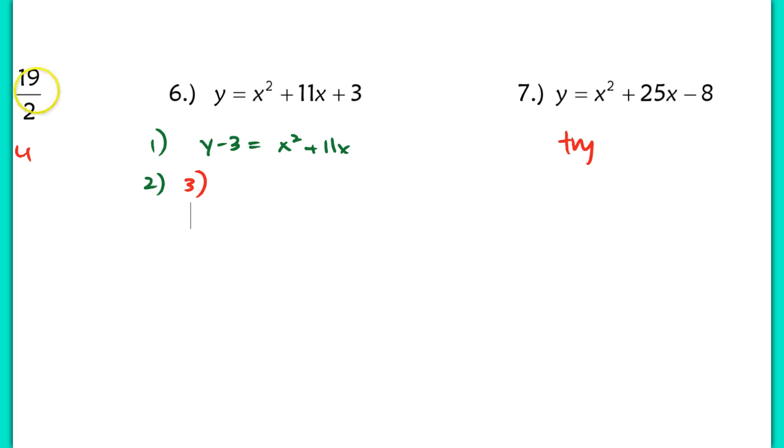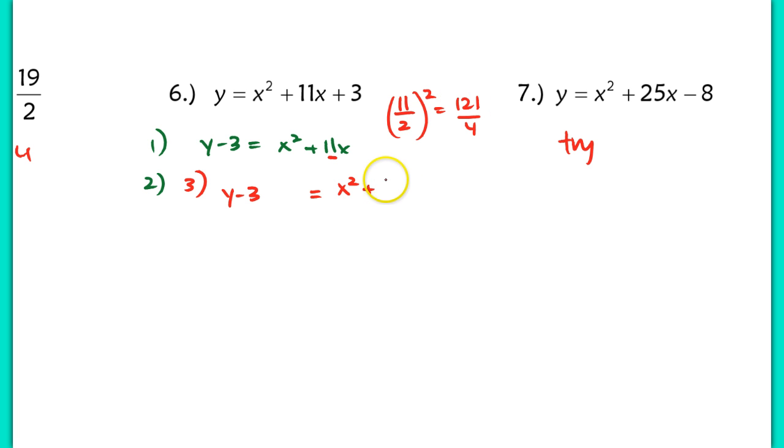So step 3 says to cut this number in half and square it. So we have y minus 3, and I'm going to leave myself a little space, equals x squared plus, when I cut 11 in half, I get 11 halves. When I square 11 halves, I get 121 fourths.